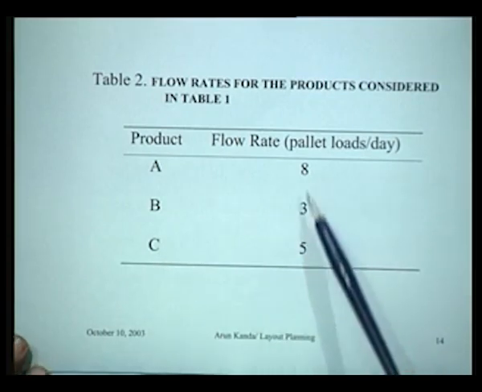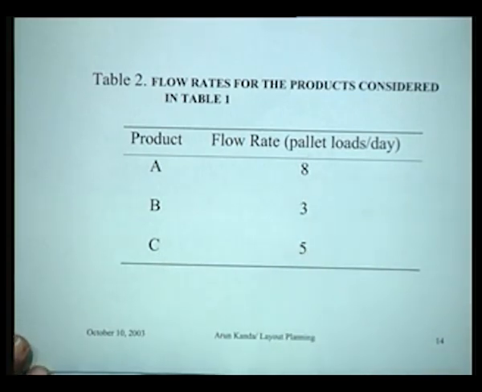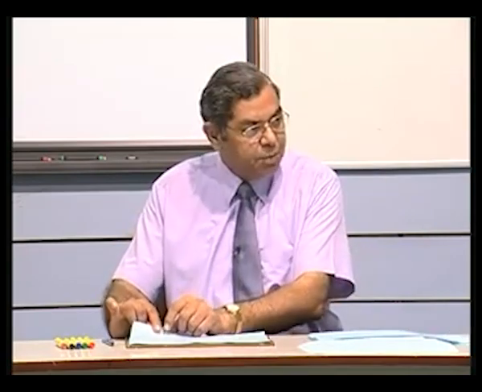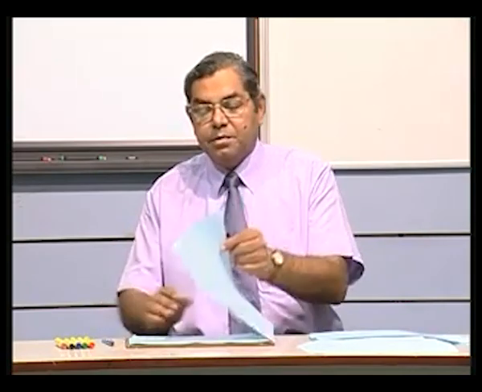So we are using a common unit for measuring the material handling of these products throughout the plant. So this is essentially our schedule requirement as to how many trolley loads of A, B, C must be produced per day in the factory. So we need information about the processing, the products, the processing, and the quantities. So this is the input to the thing.